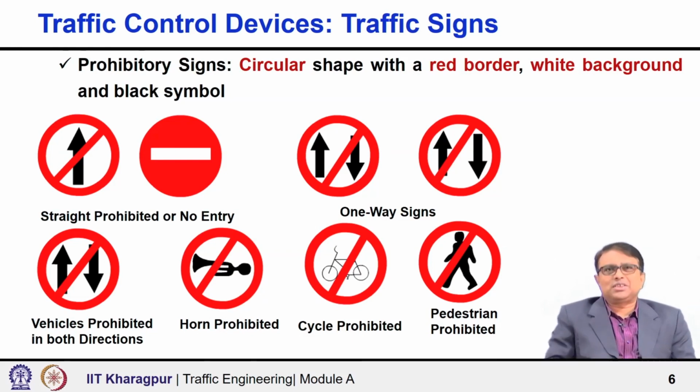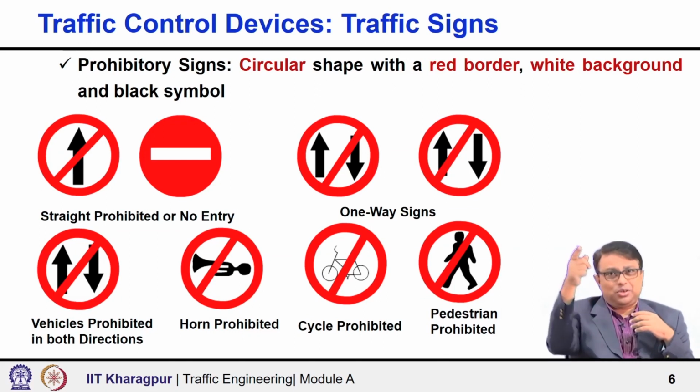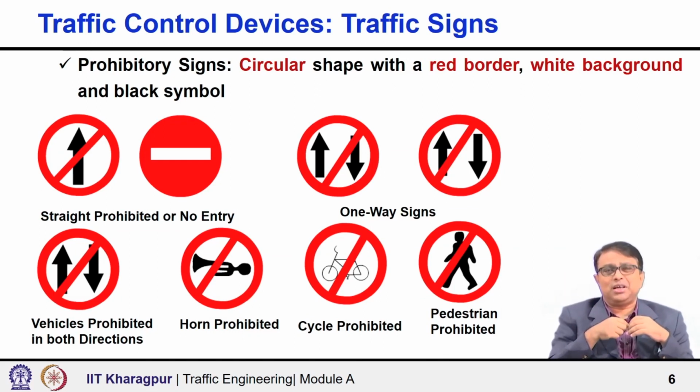So, you can understand clearly when both way directions are prohibited, the cross is given in such a manner that it is passing through both the arrows. Horn prohibited, pedestrians prohibited, bicycle prohibited. All these are part of traffic management to enhance the safety and the efficiency of traffic operations.